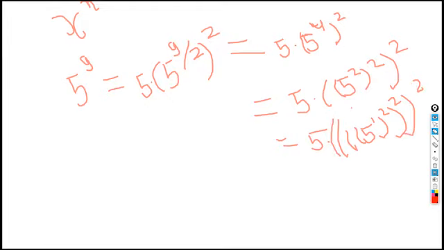So this would be 5 to the power 8 and then into 5. So how much was the time complexity in this case? We can easily figure it out. We again went 3 steps only: 1 step, 2 step, and then 3 step. So this is nothing but log n. The number of steps to calculate 5 to the power 9 was nothing but log n only.